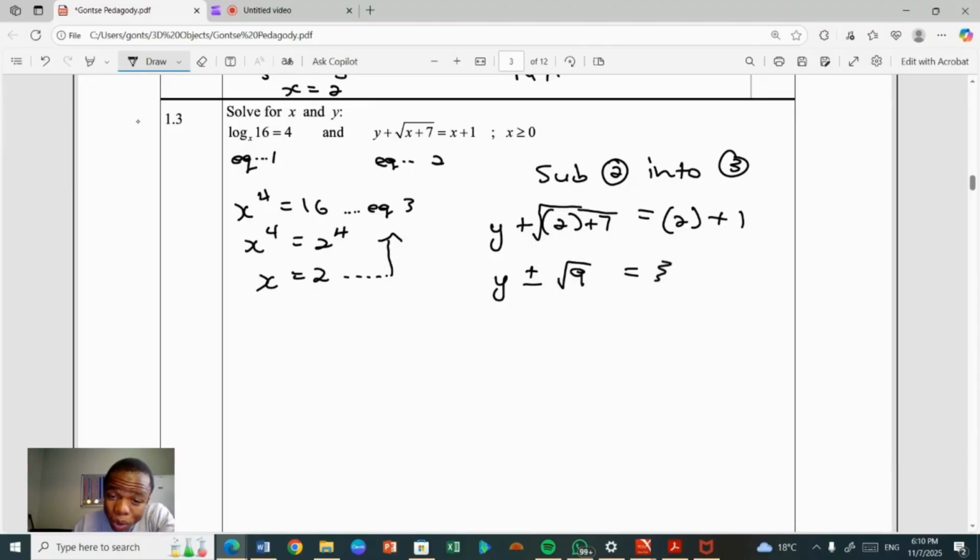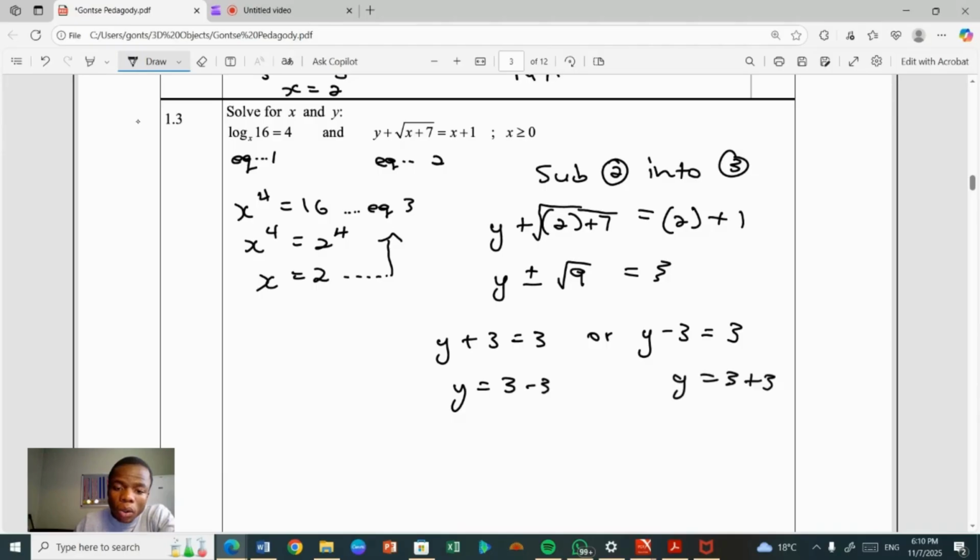Square root of 9 is 3, so you must have two answers. You'll have y plus 3 is equal to 3, or y minus 3 is equal to 3. Then you'll have y is equal to 3 minus 3, y is equal to 3 plus 3.